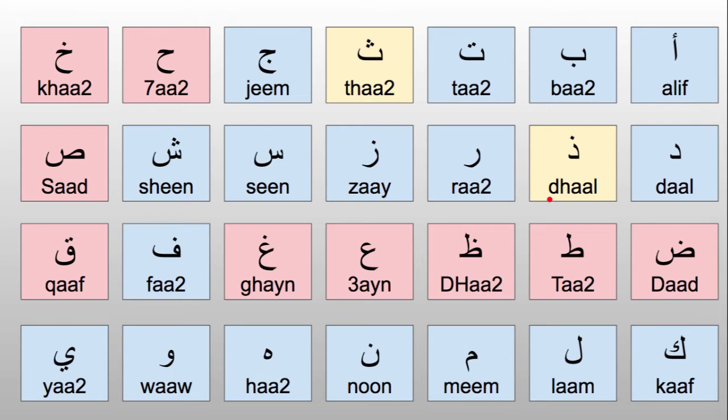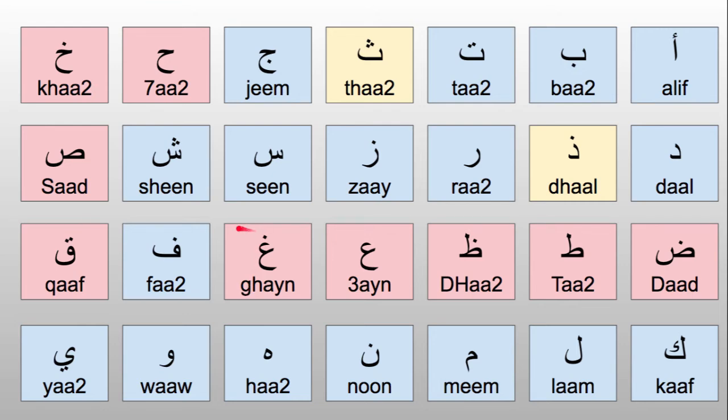To avoid confusion, we use dh here to represent this sound. There are other letter combinations. For example, for the sound kh, we use kh, and for the sound gh, we use gh.